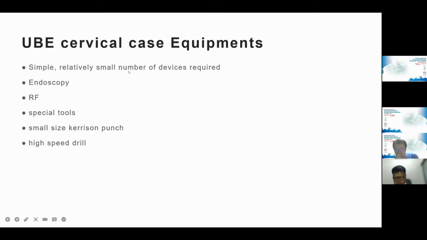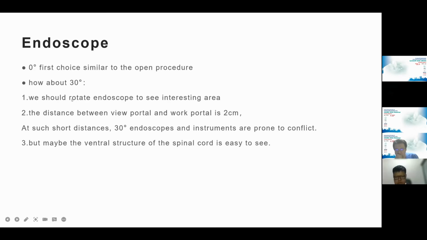The cervical UBE equipment is very simple and relatively small: an endoscope, radiofrequency, special tools, a small size Kerrison punch, and a high-speed drill. I often choose the 30-degree endoscope, but I think the zero-degree may be the first choice because it is similar to the open procedure.